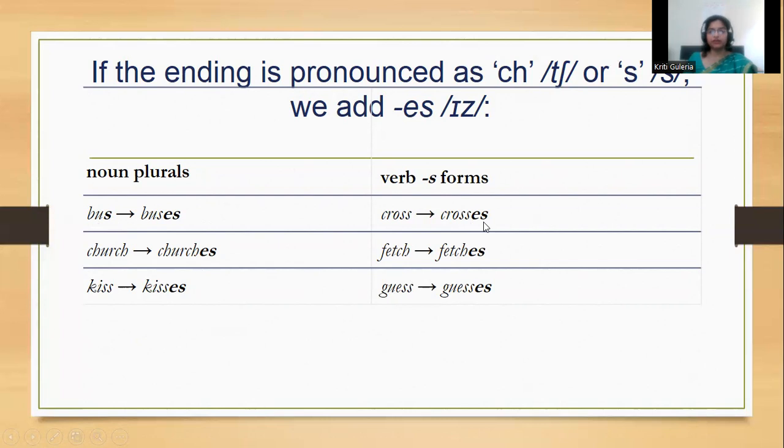Whereas in other words, like desk, book, we are adding just s to the word, and the plural forms become desks, chairs, books, right? But words ending with these sounds, we have to add es. Clear?